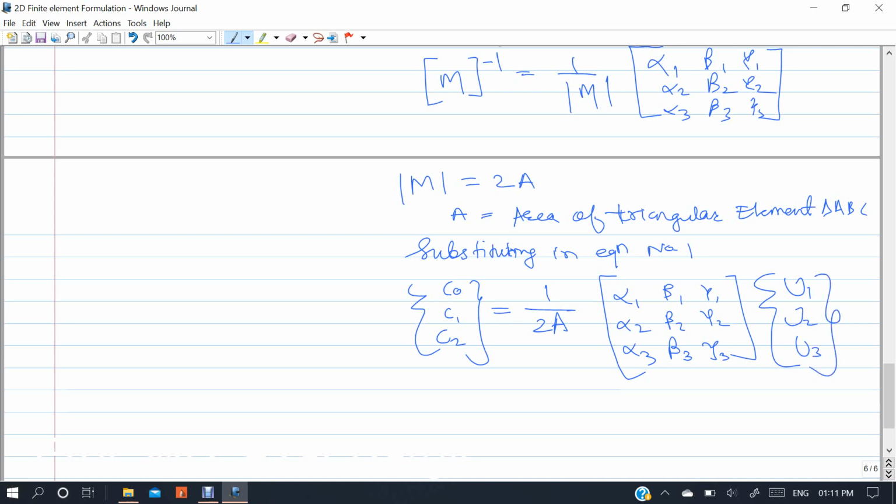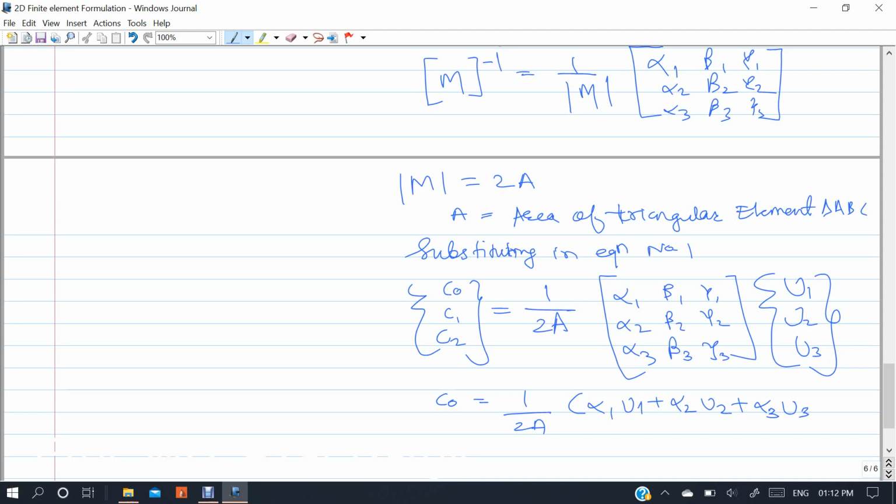Okay, if we take C0, C1 and C2 separately, then C0 equals 1 upon 2A in bracket, alpha 1 multiplied by u1 plus alpha 2 u2 plus alpha 3 u3.